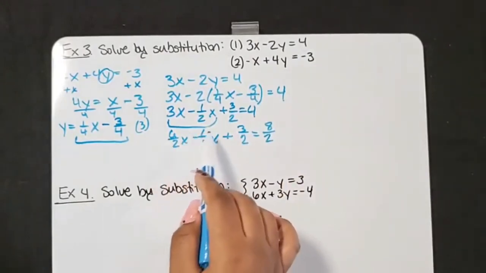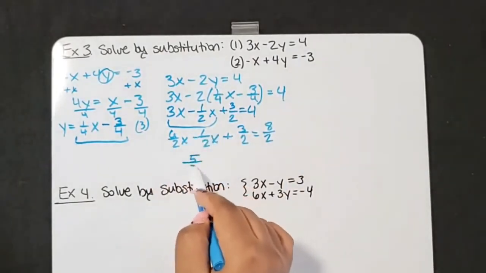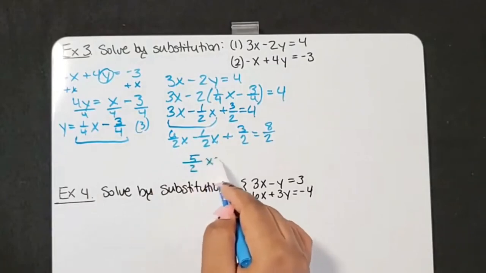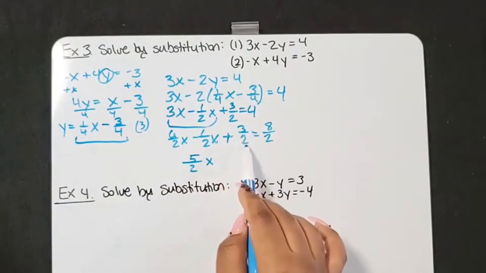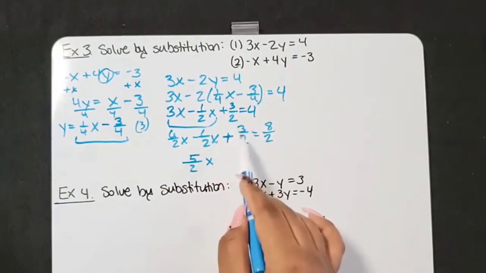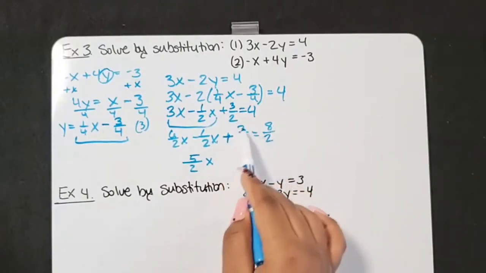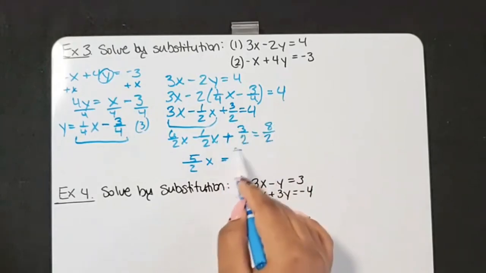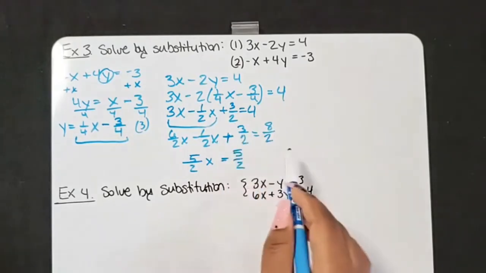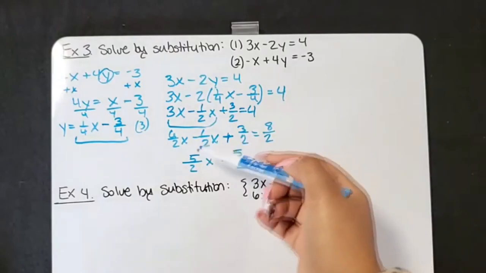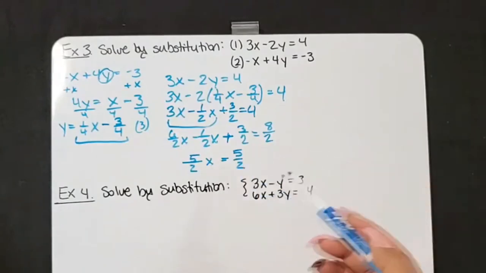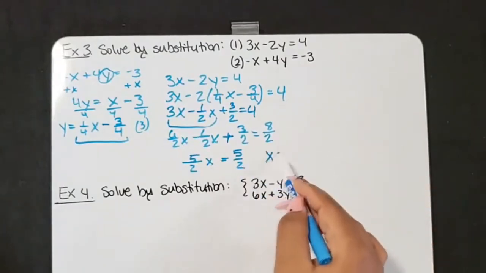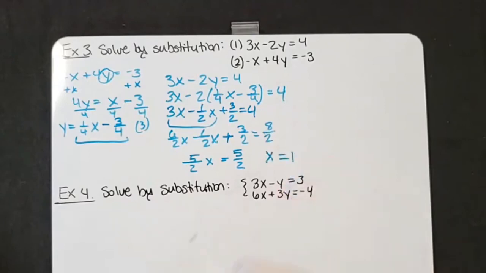So 6 minus 1, that's going to be 5 over 2x. And then I'm going to have to subtract this on both sides because it's a plus. So that'll be 8 minus 3, which would be 5 over 2. Then when we divide both sides by 5 over 2, or multiply by the reciprocal, we'll get x equals 1.